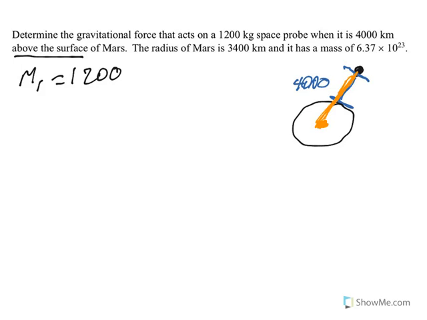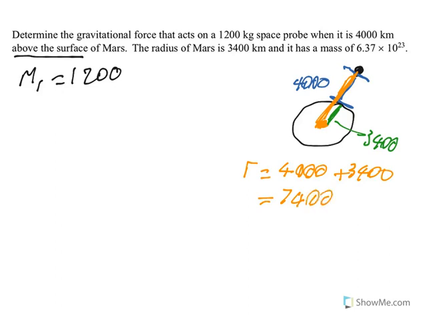Alright, now the radius of Mars itself, so that's this bit, is 3,400 kilometres. And so what we need to do is say, okay, well, the radius then is the sum of those. So the 4,000 plus the 3,400, which again is 7,400.